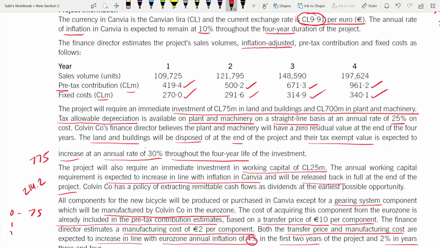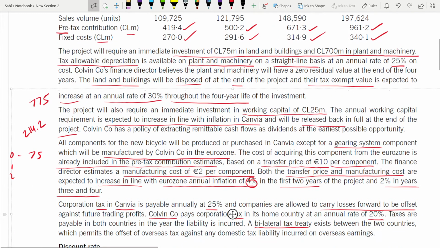So 1, 2, every year you have to increase it by 30%. 3, 4. So 1.3 into 75, 1.3 on this, 1.3. Fourth year, whatever the value you have, that value is 214. If you want, take your calculator, try 75 into 1.3 into 1.3 into 1.3 into 1.3 for the fourth year, or you can just write 75 into 1.3 to the power 4, because for the 4 years it will keep increasing. You will get the same answer.